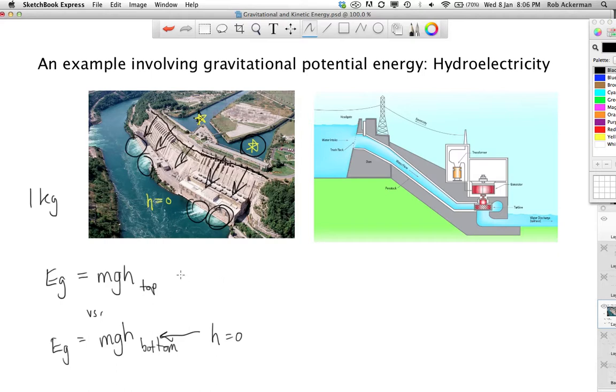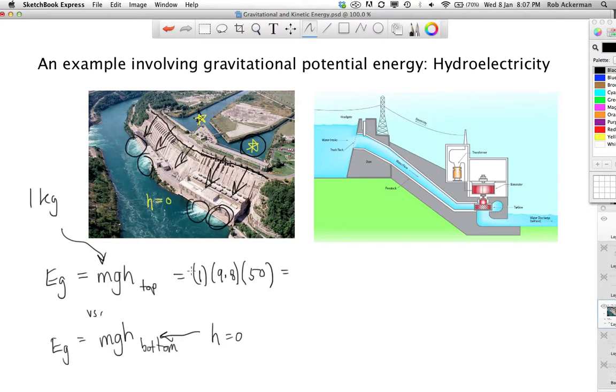So really what I get is just for 1 kilogram, like we said, I'm going to put in a 1 for m, I'm going to put in a 9.8, and now I got to know the height. Now, I don't know exactly the height, but just estimating it, I'm going to guess, I don't know, maybe 50 meters, let's say. I'm probably wrong, but I don't think I'm too wrong here.